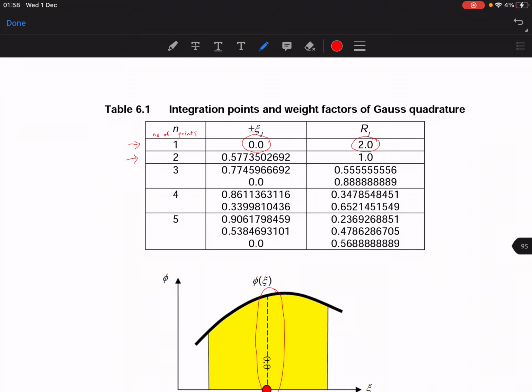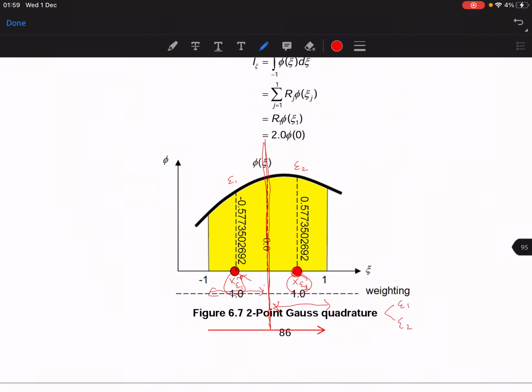For 2-point Gauss quadrature, we will have two values of zeta, whereby for 2 points, zeta 1, if we look here, this is the area of zeta 1.